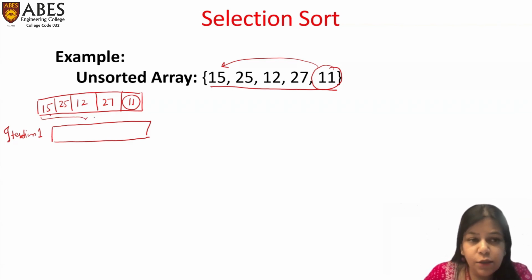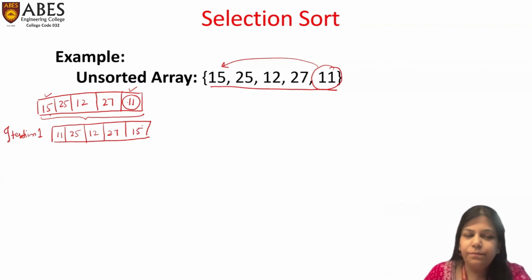At the starting, this entire array is unsorted, right? So we have to place this at the beginning of the unsorted array. That is, we have to swap 15 and 11 such that the array will become 11, and the rest of the elements will be the same: 25, 12, 27, and 15.